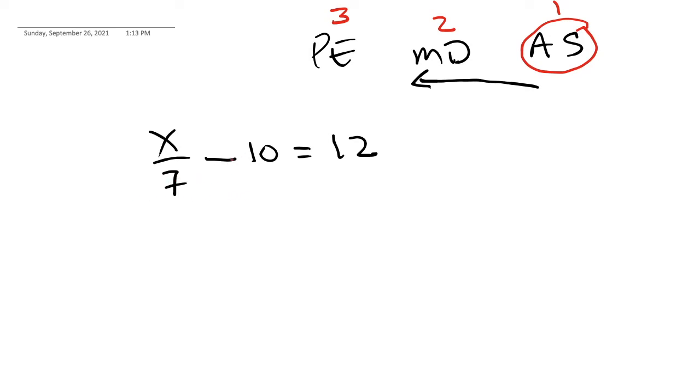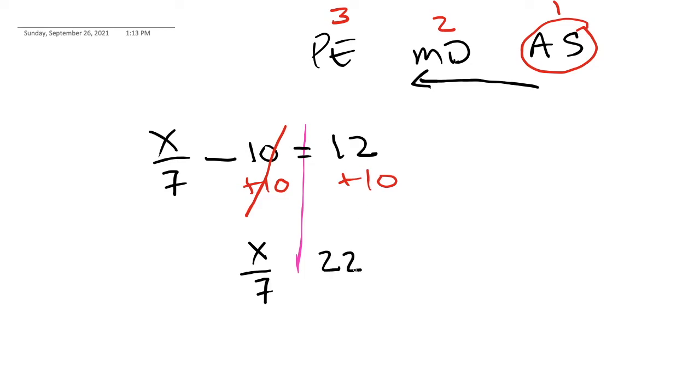So we see a minus, we will draw our invisible line, and then the opposite of minus 10 is to add 10 to both sides. That gets rid of it. So now we have x over 7, 12 plus 10 is 22. So again, if we remember that a fraction is a division problem, we'll remember the opposite.